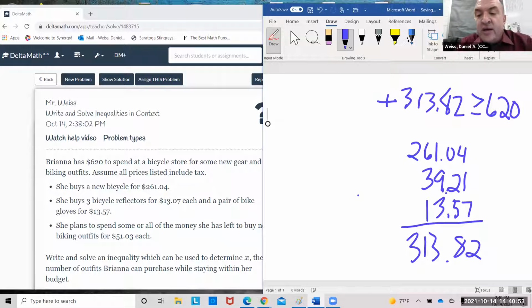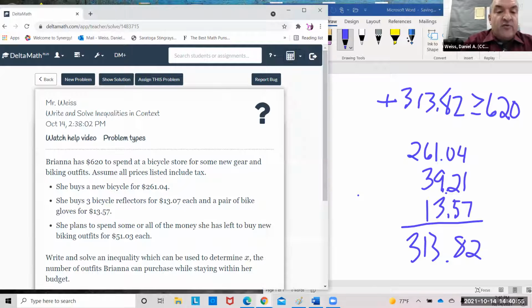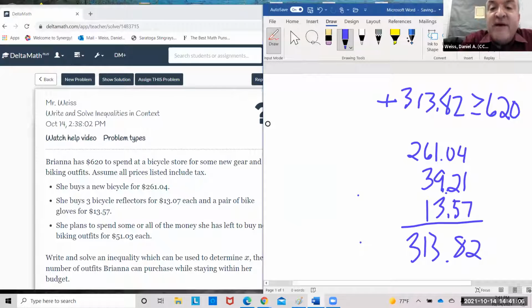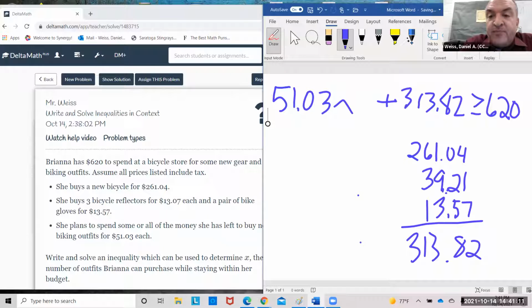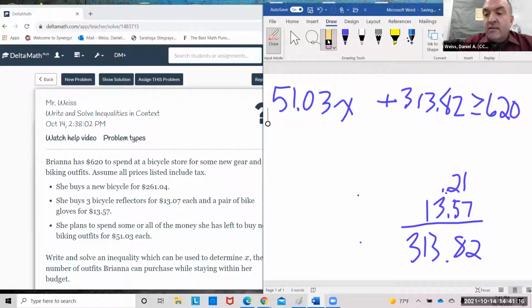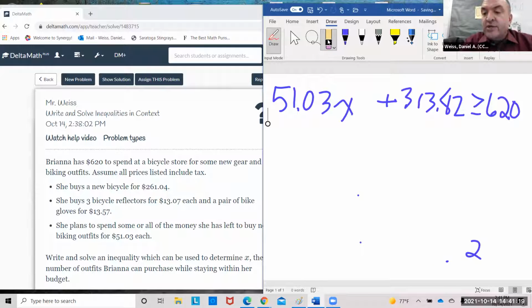Then it says she plans to spend some or all of the money she has left to buy new biking outfits for $51.03 each. So that means 51.03x. There's my equation. Now I minus 313.82 from both sides.